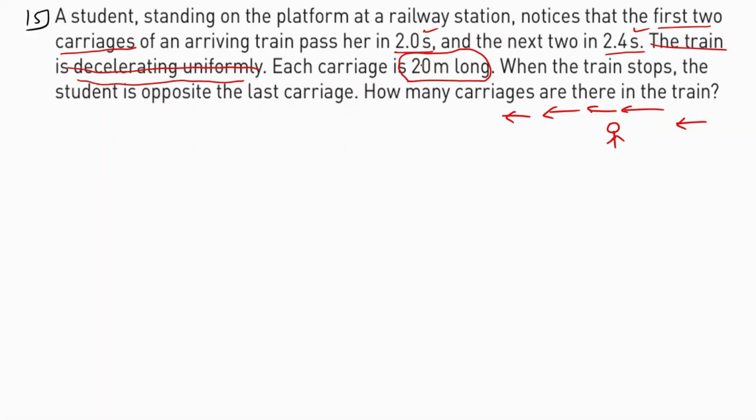Each carriage is 20 meters long. The first two pass in 2 seconds, and the next two carriages pass in 2.4 seconds. So try to understand this scenario and try to solve it by applying the equations of motion.